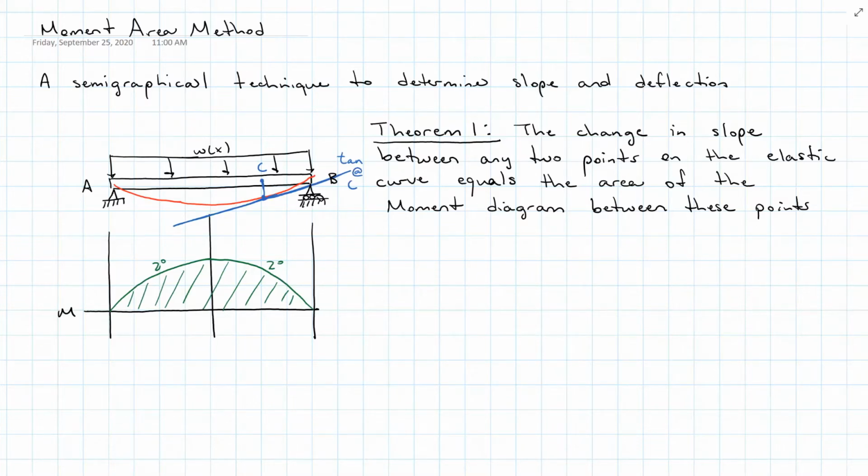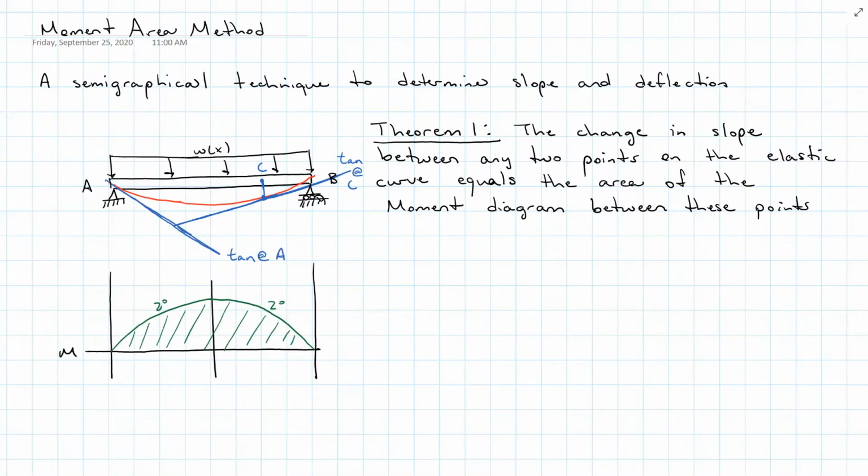Now I can draw another tangent line at A, and what I will end up with is this angle between those two tangent lines, C and A. We represent this angle as theta C with respect to A. And I've said C with respect to A because I'm going from tangent line A up to tangent line C. If I was doing it the other way, tangent line C down to tangent line A, we would represent this as theta A with respect to C.